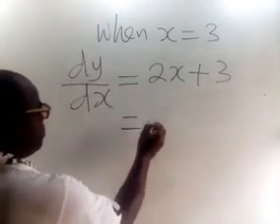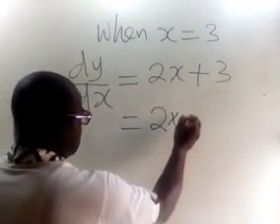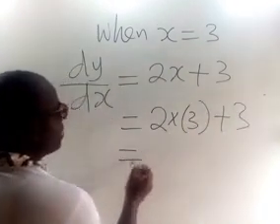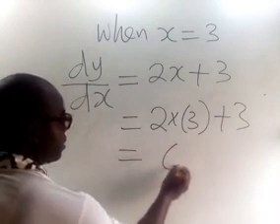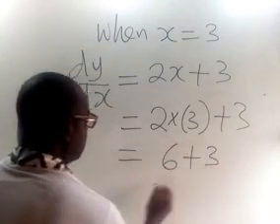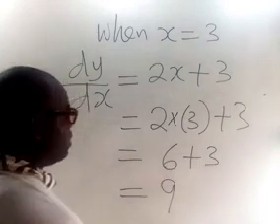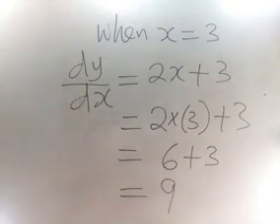This one will become 2 times 3 plus 3. And 2 times 3 will be what? 6, plus 3, and 6 plus 3 is equal to 9. That is the gradient of that curve at the point where x is equal to 3.